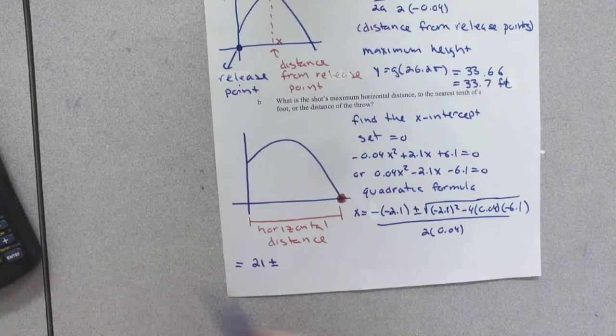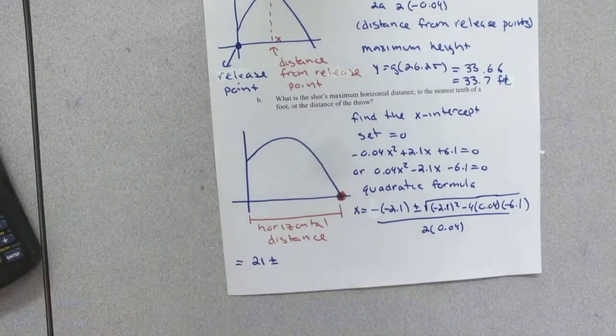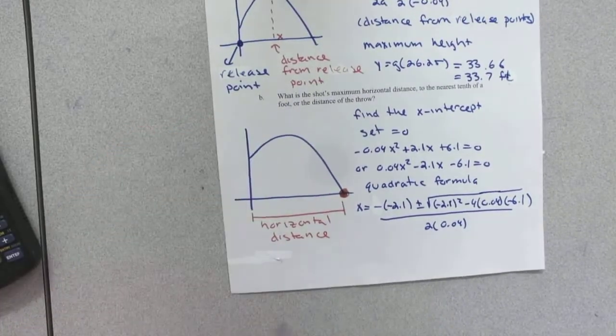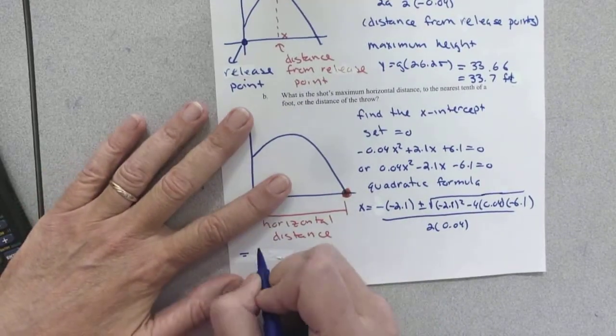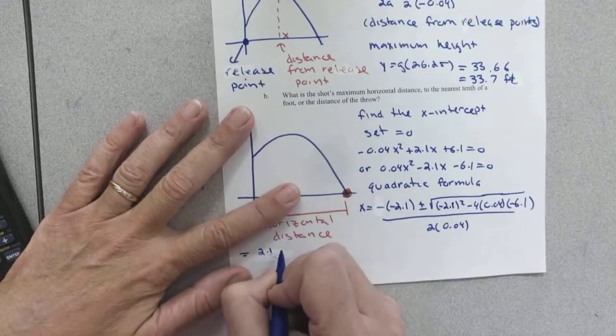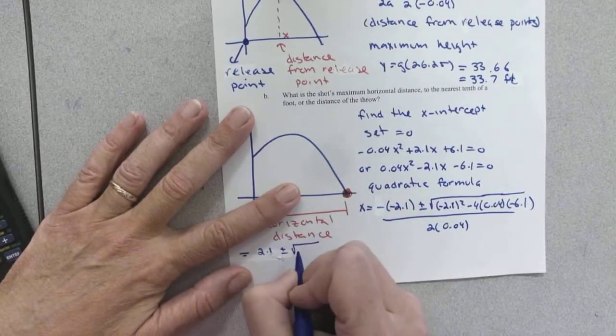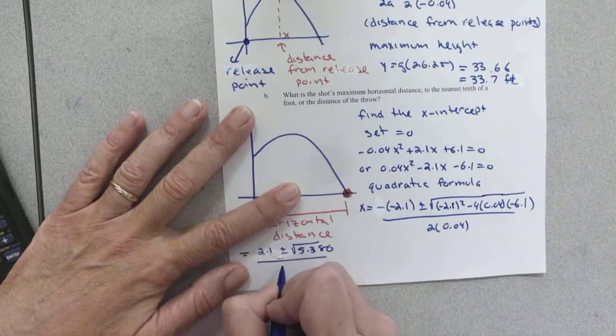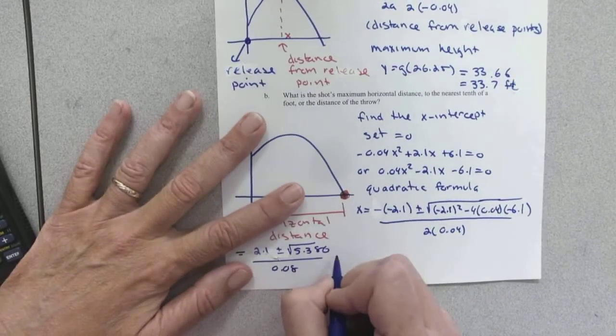I do that, and the inside there comes out to be 5.386, all over 0.08.